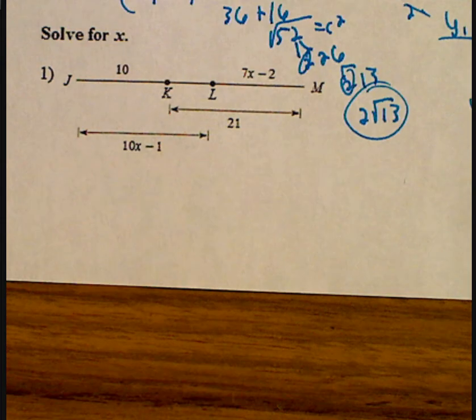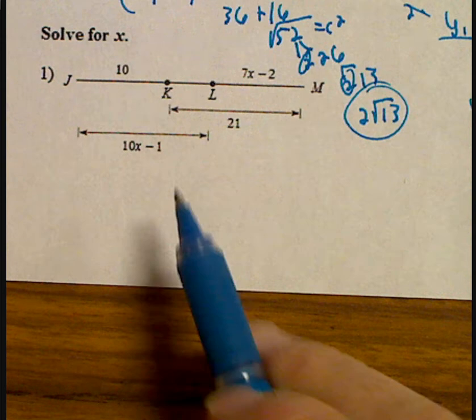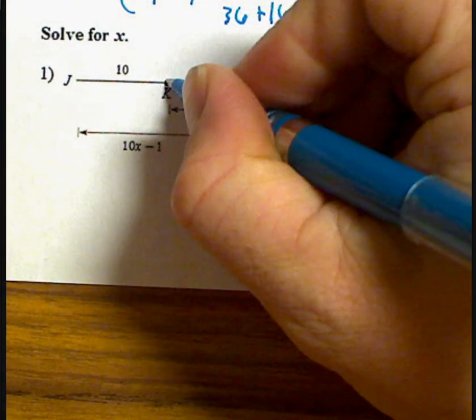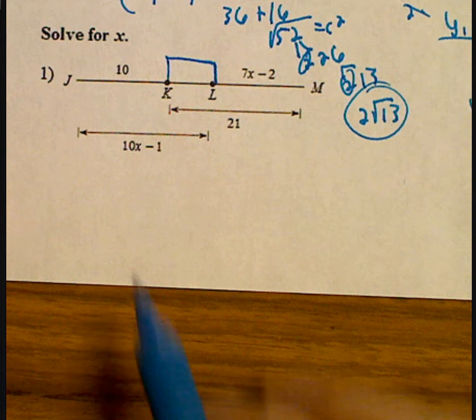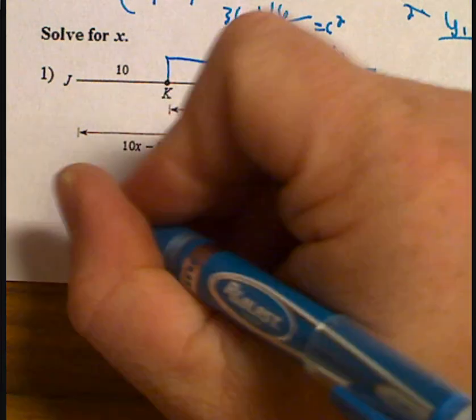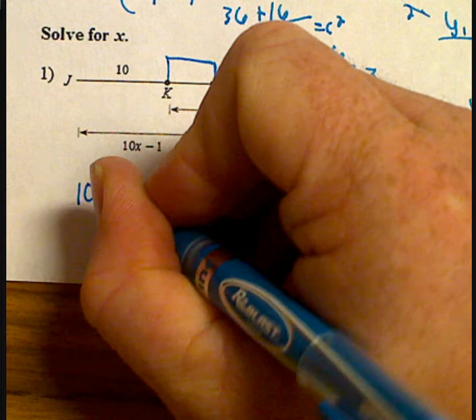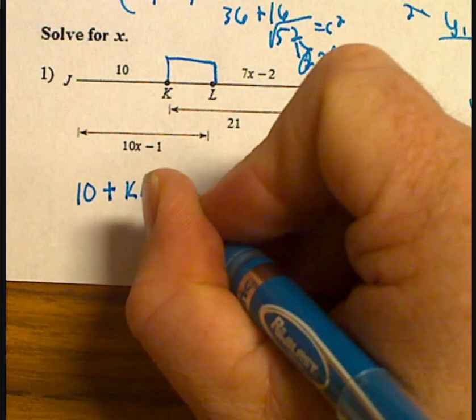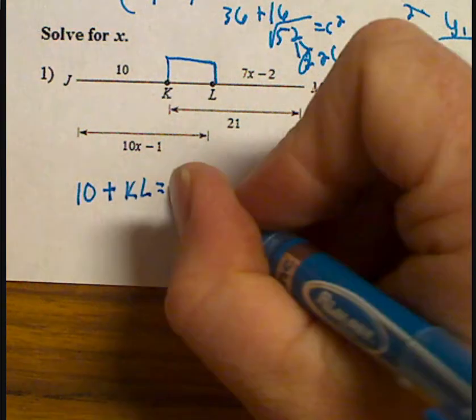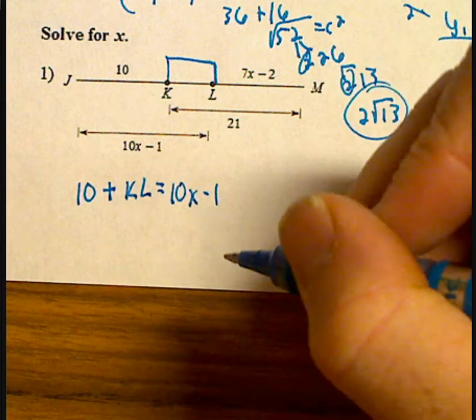Solve for x. I don't know what KL is, but I do know that 10 plus KL has to equal 10x minus 1.